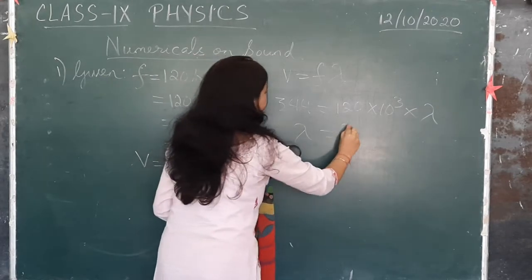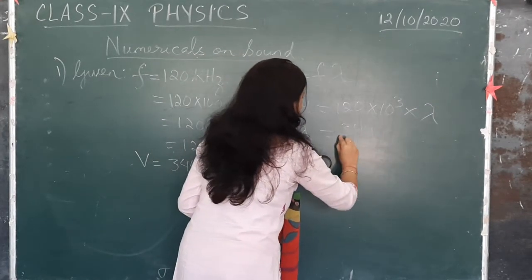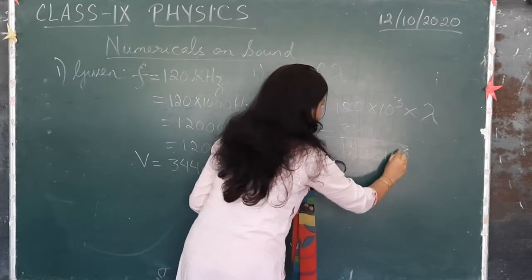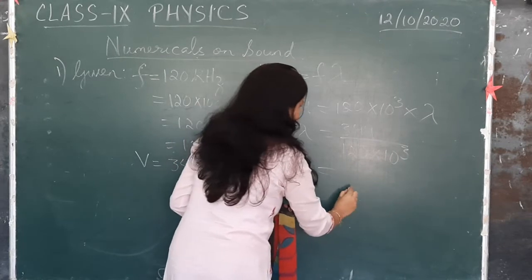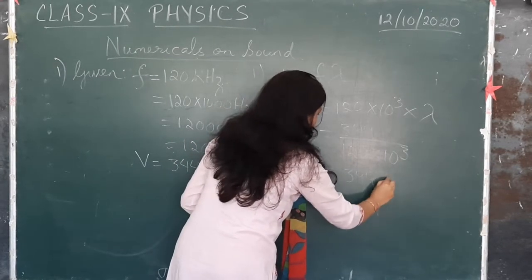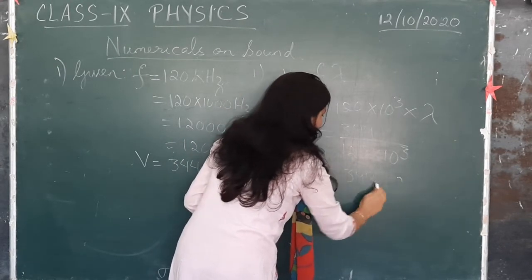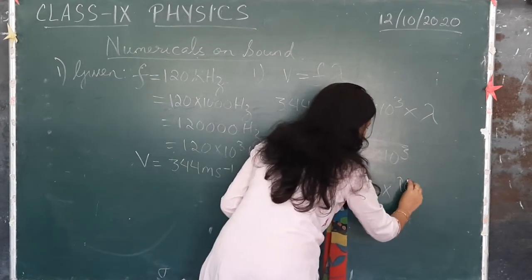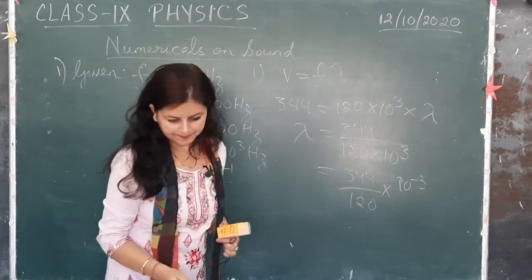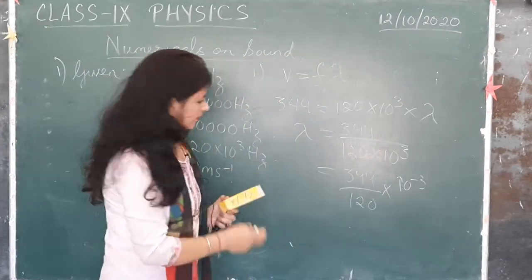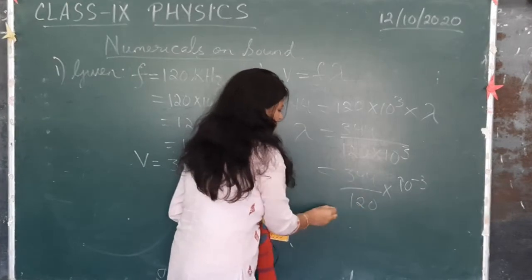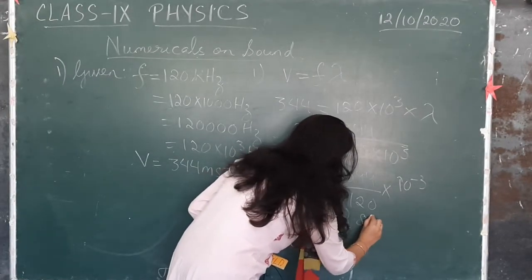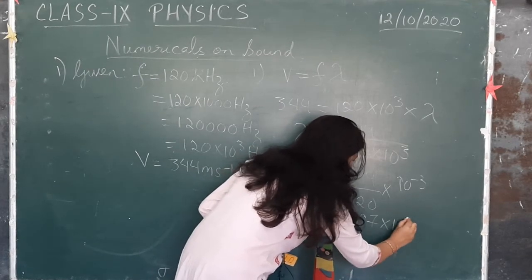So lambda will be equal to 344 divided by 120 into 10 to the power 3. This 10 to the power 3 would go up with a negative power, so it is 10 to the power minus 3. Now on dividing 344 by 120, the answer you should be getting is 2.87 into 10 to the power minus 3.